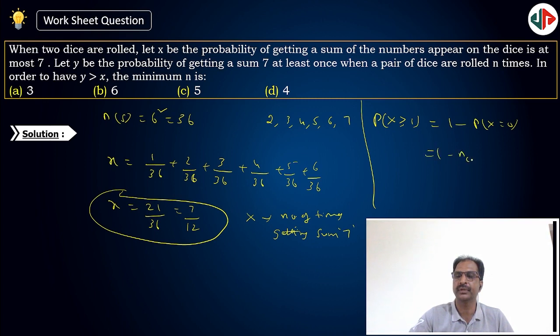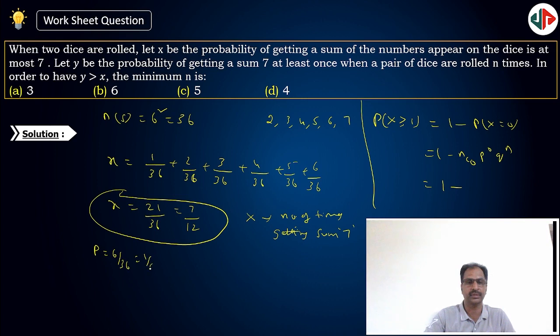P of X equal to 0 is nCo p power 0 q power n. So 1 minus q power n. What are p and q? What is success here? Getting sum 7. Getting sum 7 when 2 dice are rolled means 6 by 36, which is 1 by 6. So q will be 5 by 6. So this is nothing but 1 minus 5 by 6 whole power n.